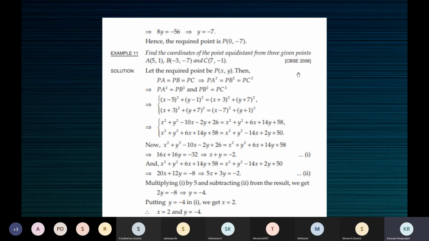Okay. You must get 3 terms when you expand. Similarly, when you expand a plus b the whole square, you should write one term a square, then the 2ab term plus 2ab and then plus b square. Otherwise, you will not get this equation which you see on the screen. Okay, ma'am. Try to do it now.